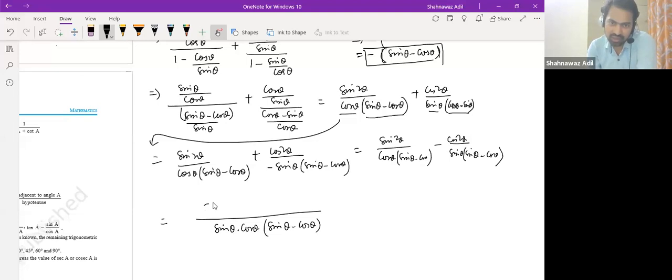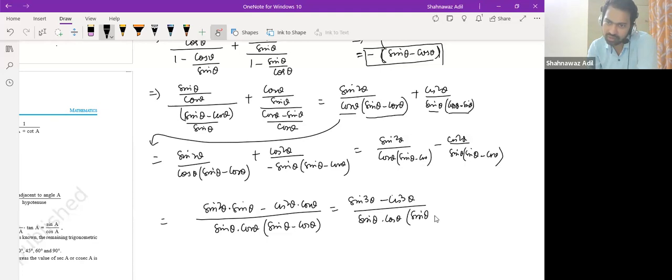So I get sine squared theta into sine theta minus cos squared theta into cos theta. So this is sine cube theta minus cos cube theta divided by sine theta cos theta into sine theta minus cos theta. So what is this one?